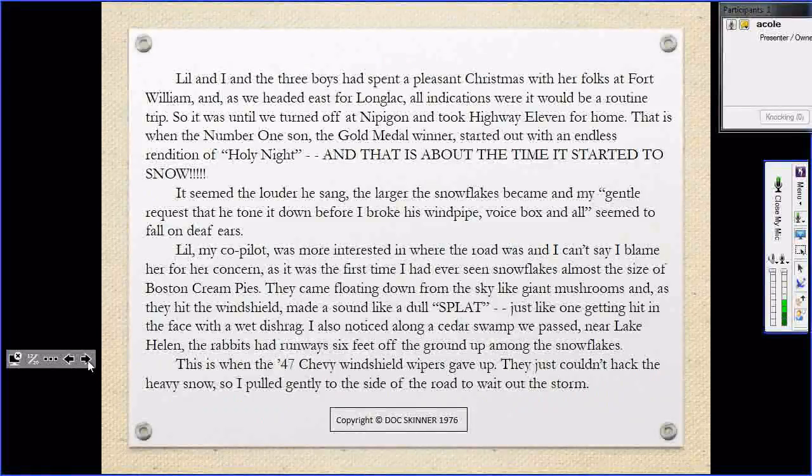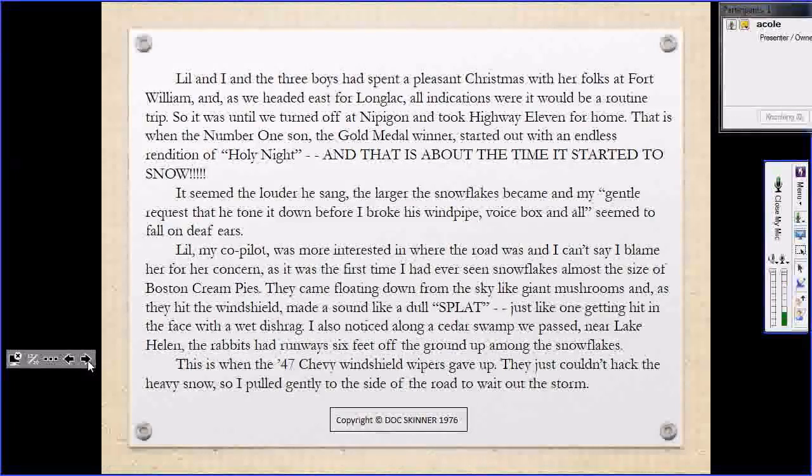Lil and I and the 3 boys had spent a pleasant Christmas with her folks at Fort William, and as we headed east for Long Lac, all indications were it would be a routine trip. So it was until we turned off at Nipigon and took Highway 11 for home. That is when the number one son, the gold medal winner, started out with an endless rendition of Holy Night. And that is about the time it started to snow.